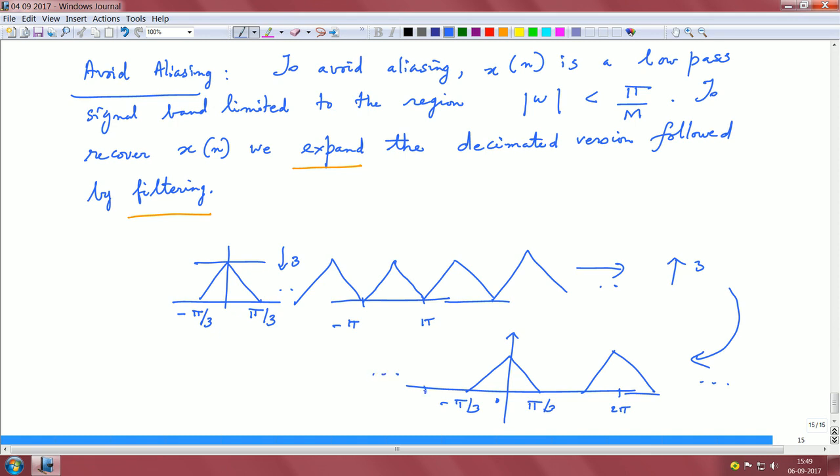You will basically have to have a filter to filter this out critically from minus pi by 3 to plus pi by 3.